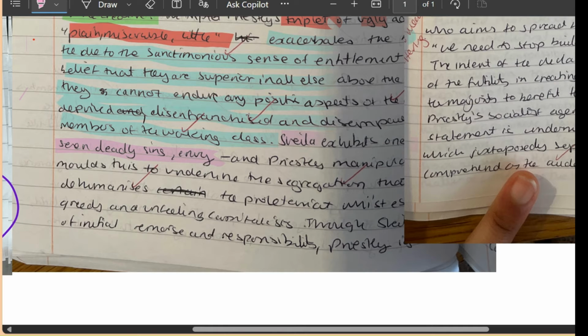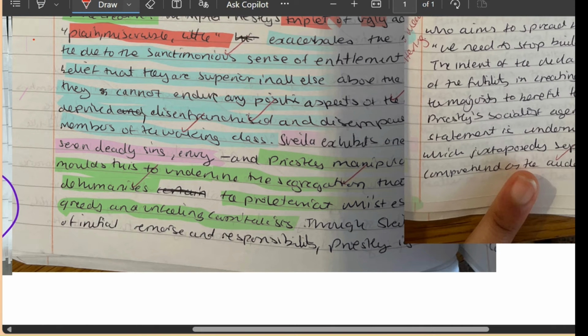So, Sheila exhibits one of the seven deadly sins, envy, and Priestley manipulatively molds this to underline the segregation that dehumanizes the proletariat, whilst allowing the greedy and unfeeling capitalists to feel celebrated.